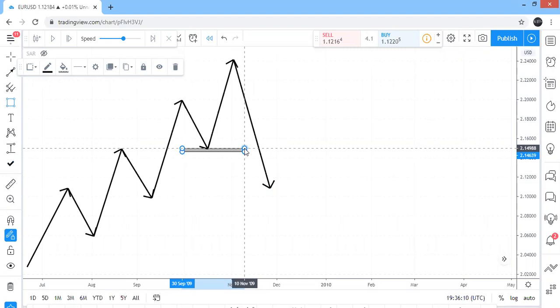Now, we have to correctly identify that in every move that takes place in the formula, traditionally speaking, the impulse needs to be the longer move when it comes to length, not necessarily to do with time. So an impulse move can go 1,000 pips in 4 days.